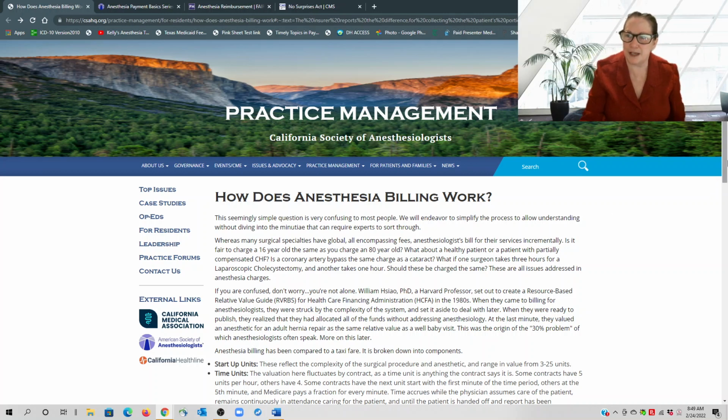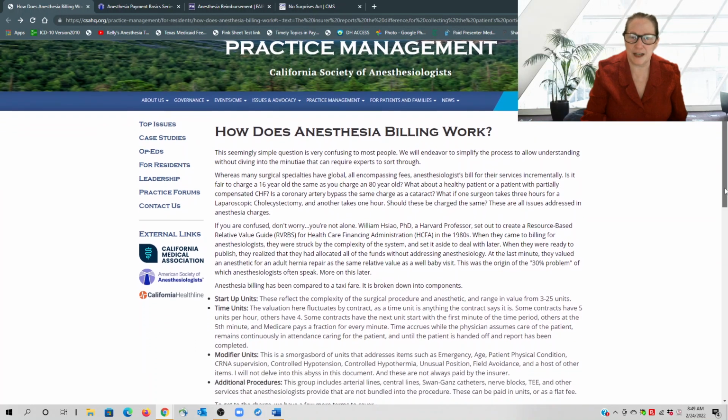because here is a simple breakdown that helps you understand, and some of this is even a greater background than you need to understand, but just to let you know, anesthesia services are seriously undervalued for payment purposes when compared to any other specialty.